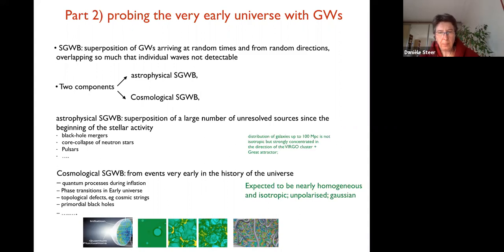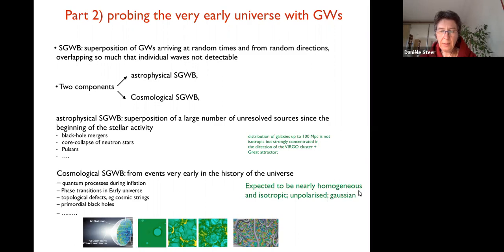Now these two backgrounds differ in their properties because of the symmetries of the Friedmann-Robertson-Walker metric. We expect the cosmological stochastic gravitational wave background to be nearly homogeneous and isotropic. And because there's no sign of parity violation in the universe, we expect it to be unpolarized.